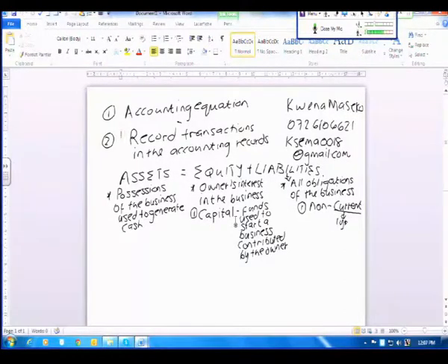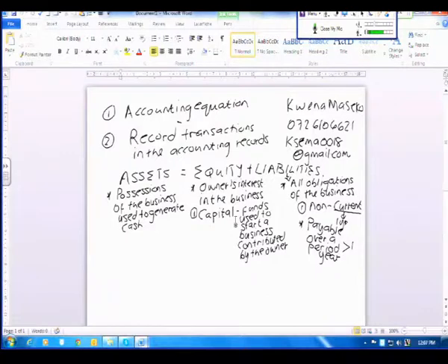When we say a liability is a non-current liability, we mean that it is repayable over a period exceeding 1 year. So a non-current liability is payable over a period greater than 1 year.